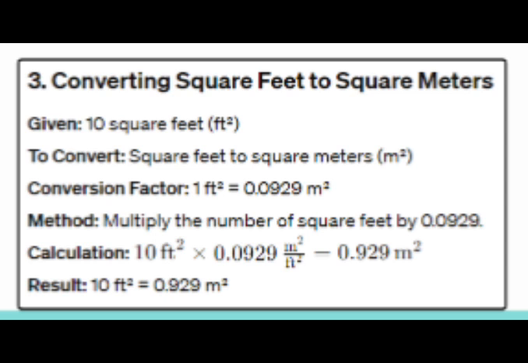In calculating this, we must multiply 10 square feet times 0.0929 square meters over square foot. Then we will get our answer, which is 0.929 square meters. The result, 10 square feet is equal to 0.929 square meters.